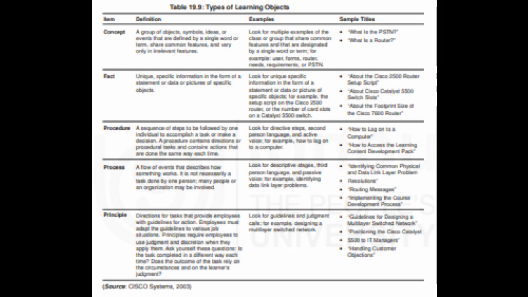Here are some examples of things you would teach using a principle RLO. Guidelines for handling employees with personal problems. Guidelines for designing effective visual aids. Responding appropriately to an angry customer. Designing learner-centered training. Table 19.9 gives a comparison of all 5 types with example.